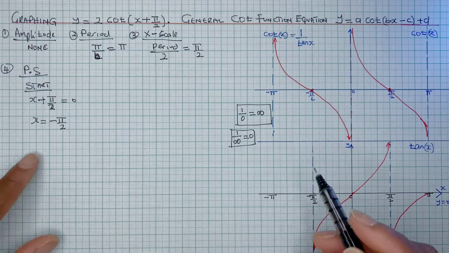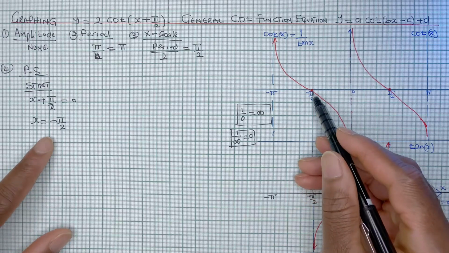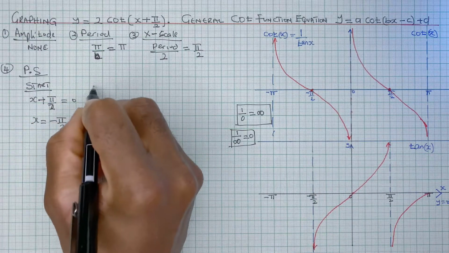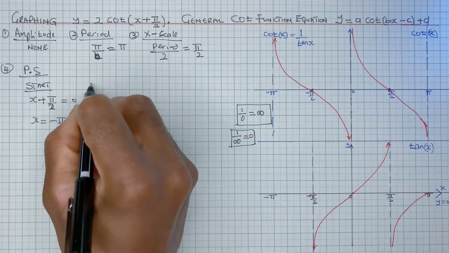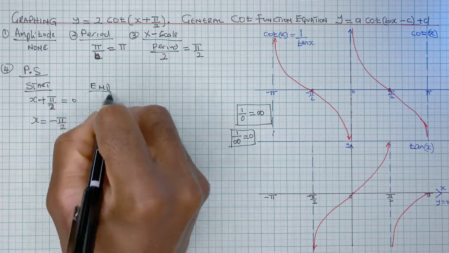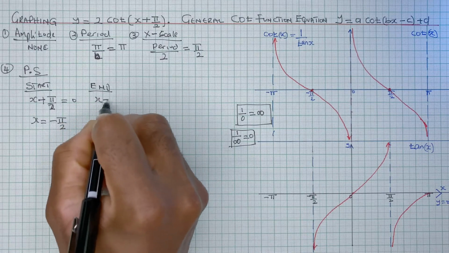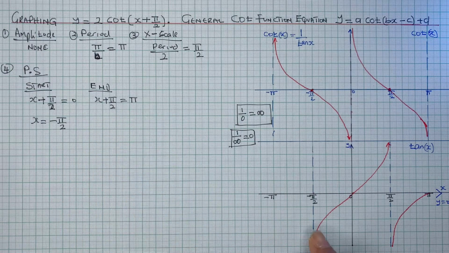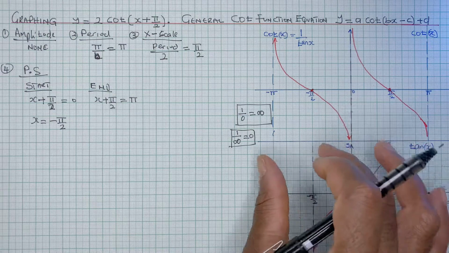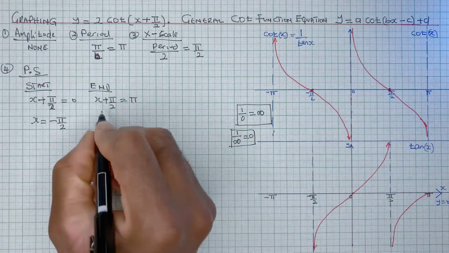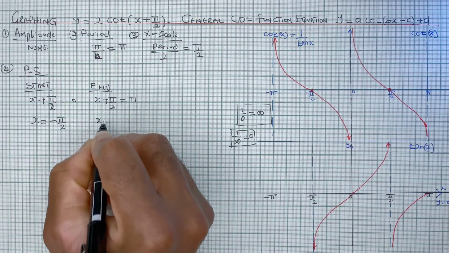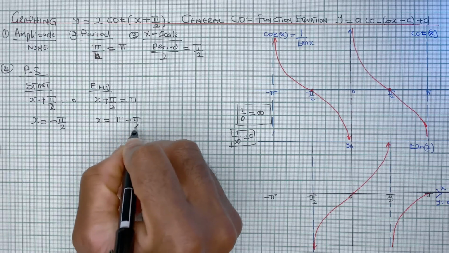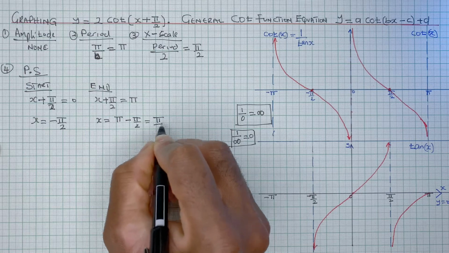So you can see it's going to start at minus pi over 2. And the end of the graph, we could look at the end as well. So we said x plus pi over 2 equals pi, because it's every pi, the period. And then you can get x equals pi minus pi over 2, which is pi over 2.